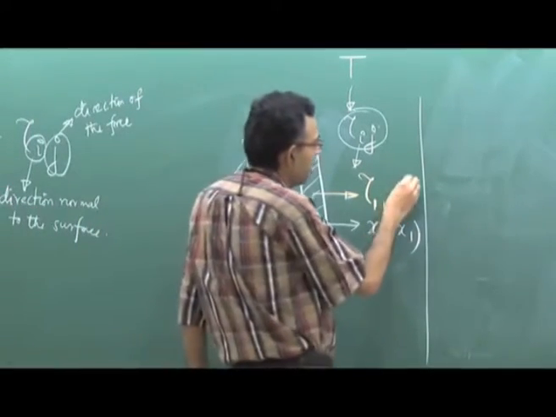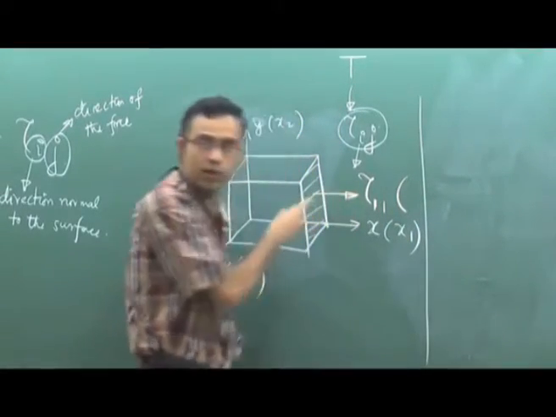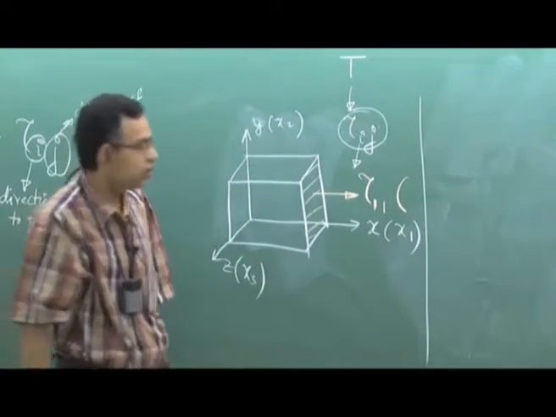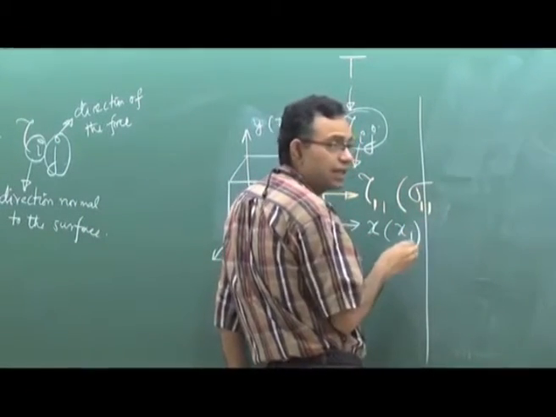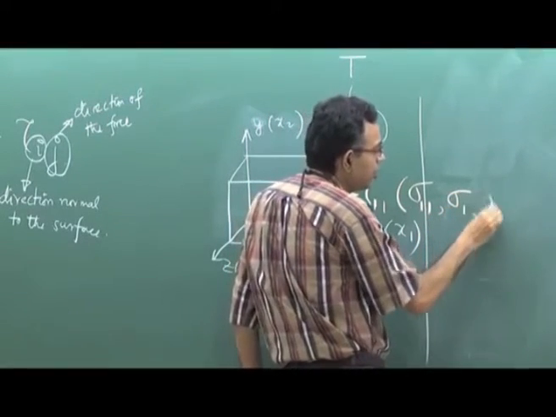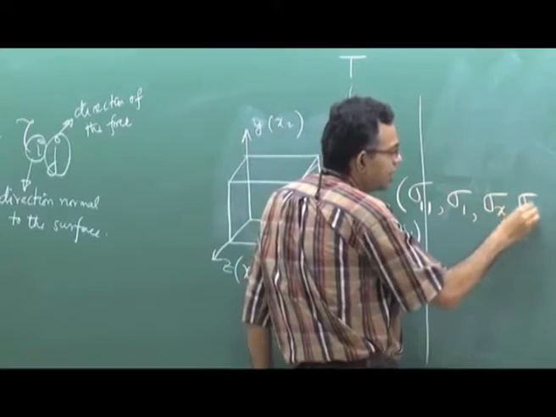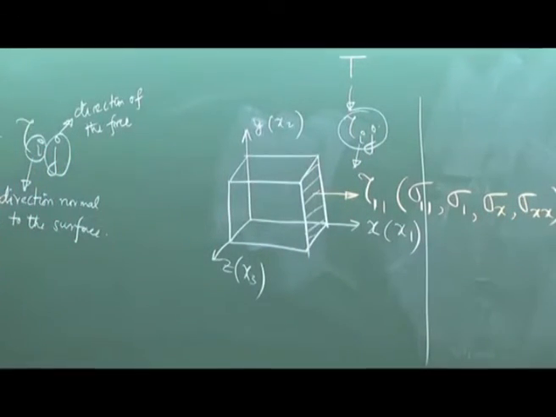You can see this is the normal component of stress. In books, to write the normal component of stress, it is sometimes written as sigma 11, or because 11 is repeating, sigma 1, or sigma x, or sigma xx. These are different notations used in different books.